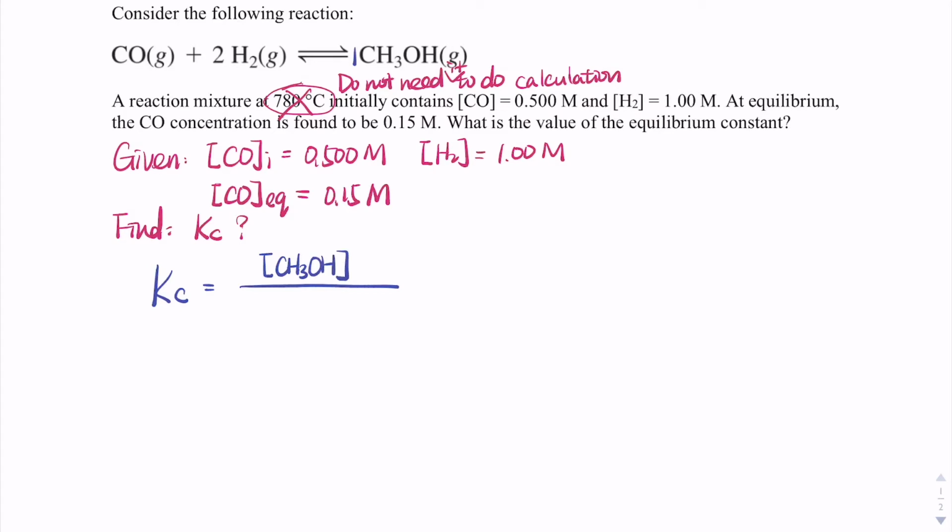The coefficient here is 1, and we don't write it out because we already know it's 1. Over the reactants, carbon monoxide times hydrogen raised to the second power, because the stoichiometric coefficient for hydrogen is 2. This is the expression.